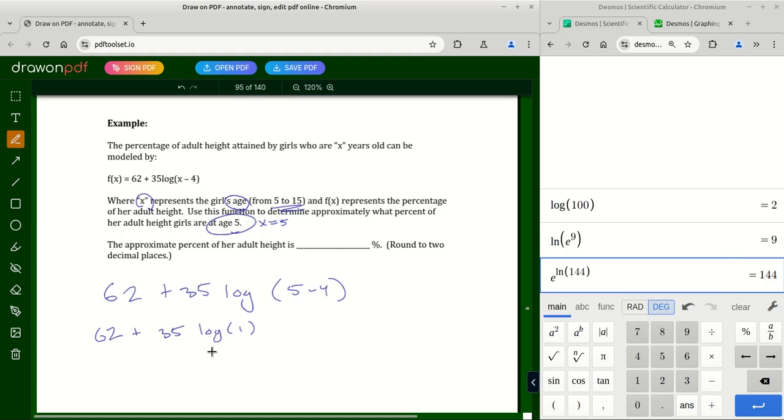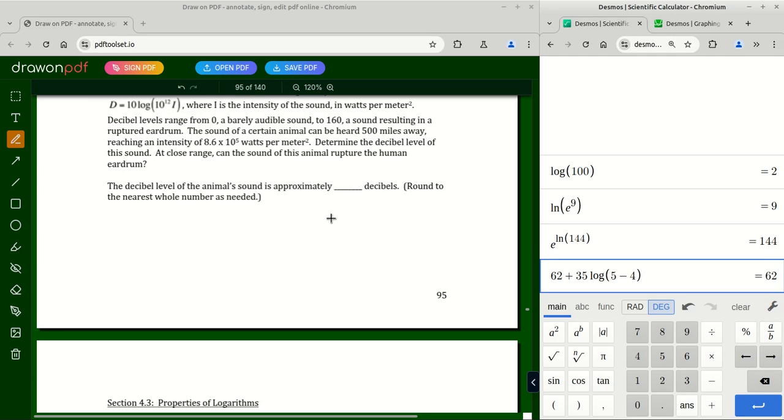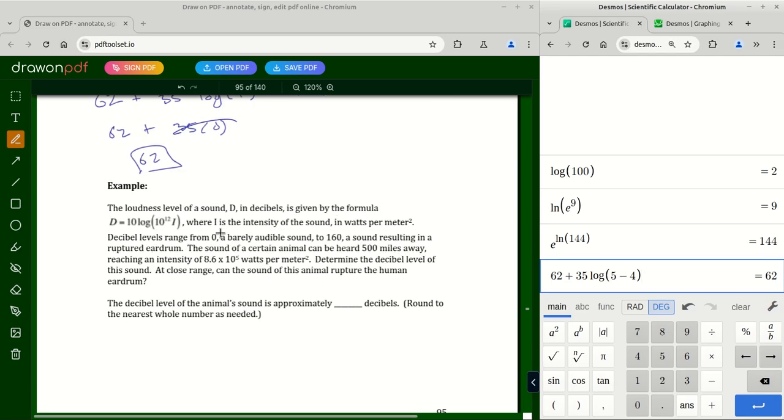Do you remember log of 1 is equal to 0? And 0 times anything is 0. Your answer is 62. And yet again, because it has the common base, you could just do this, and there you go. Fantastic.